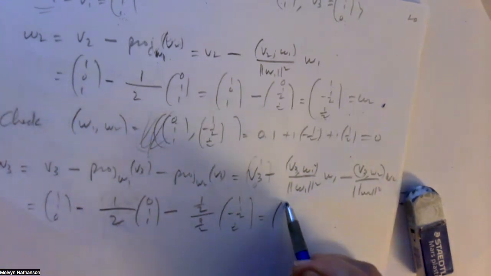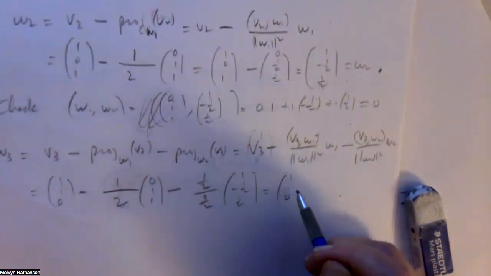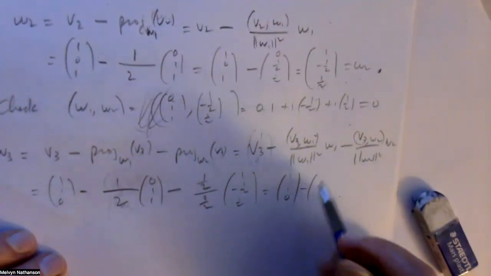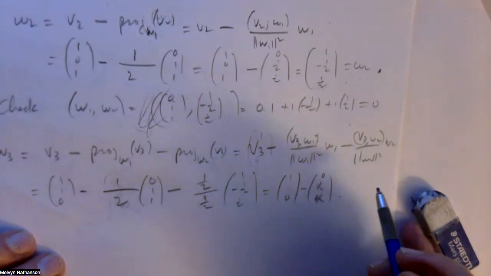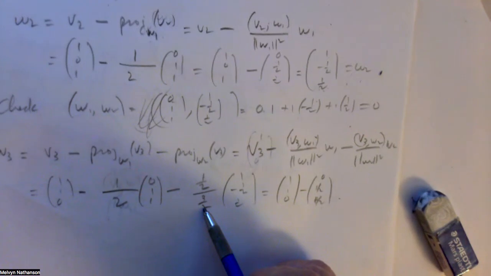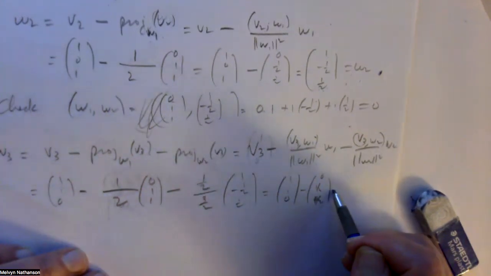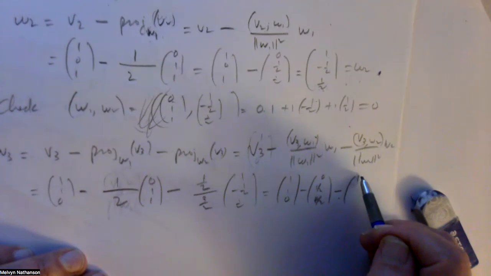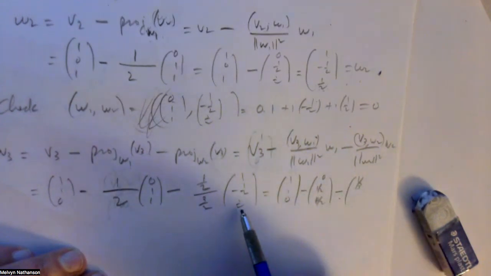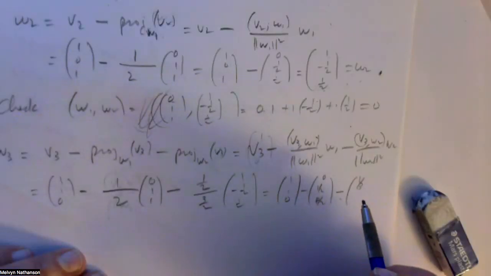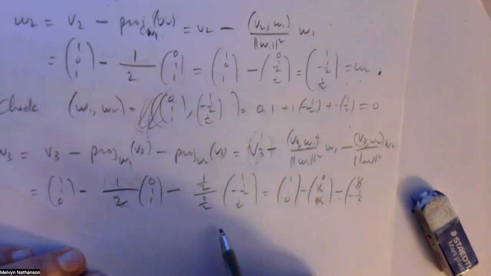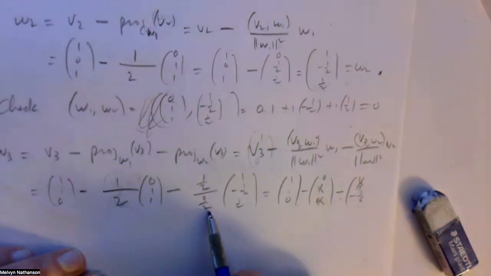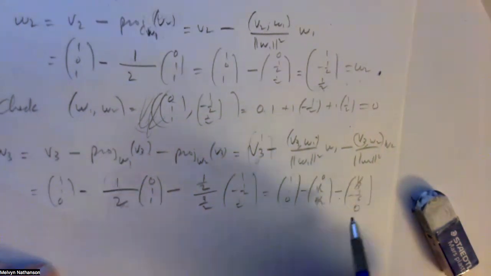So this is the vector 1, 1, 0 minus the vector 0, a half, a half. A half over 3 halves is a third. So this is minus a third times 1, minus a half, a half. A third times minus a half is minus a sixth. And a third times 1 is a third.